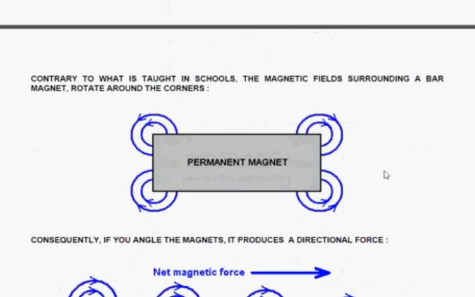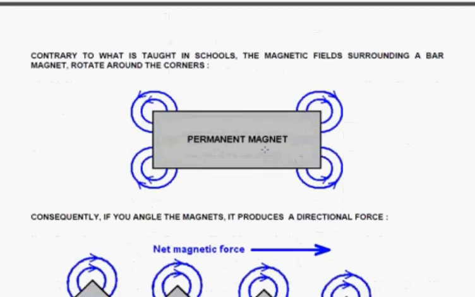Now, if you take a look at permanent magnets, you'll discover that in schools, they tell you the wrong thing. The reality is that with the permanent magnet, the magnetic fields rotate around the corners of the magnet.